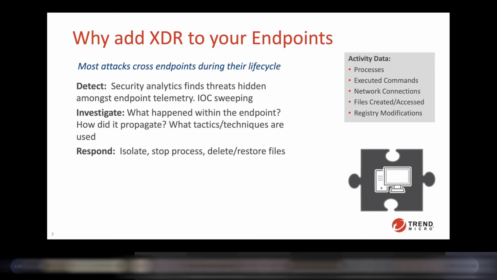The activity data set we collect is related to the processes, the CLI commands, the executed commands, network activities, file activities like file is created, accessed, or removed, and the registry entries.